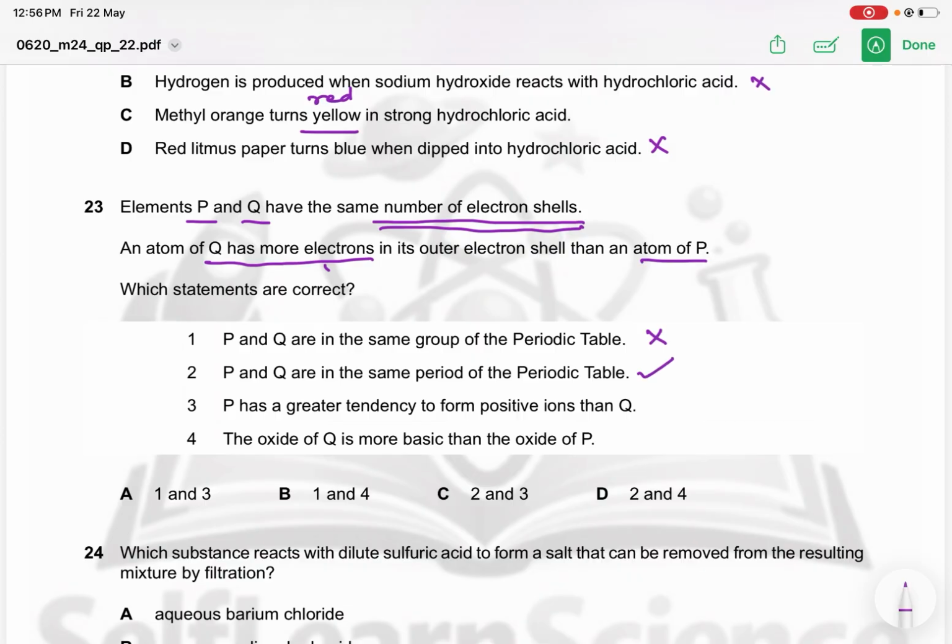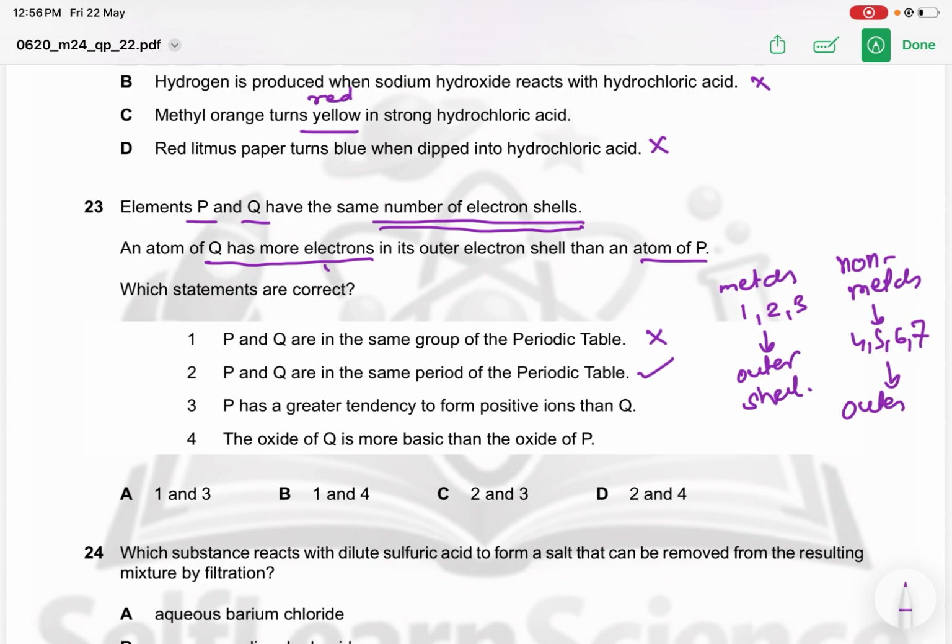P has a greater tendency to form positive ions than Q, and the oxide of Q is more basic than the oxide of P. So here it is said that Q has more electrons in its outer shell. If you know that metals have around 1, 2, 3 electrons in their outer shell, and non-metals have 4, 5, 6 or 7 electrons in their outer shell.